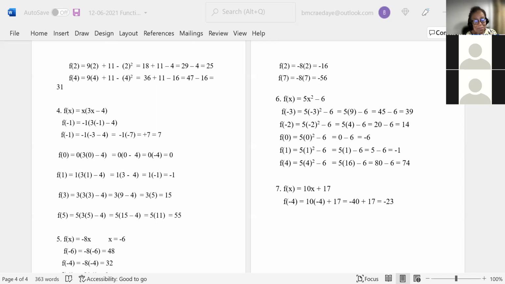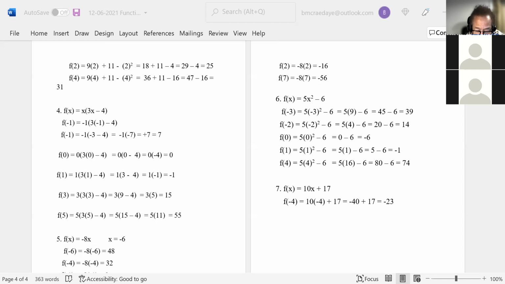You subtracted. Yes, I did. So what should you have gotten for number 6? When the input is 6, that's 60 plus 17. 10 times 6 is 60. What's 60 plus 17? 77.